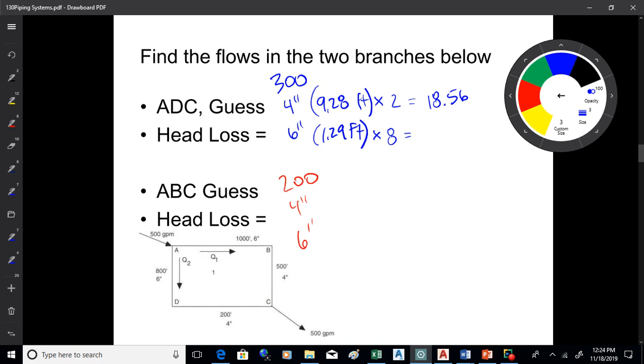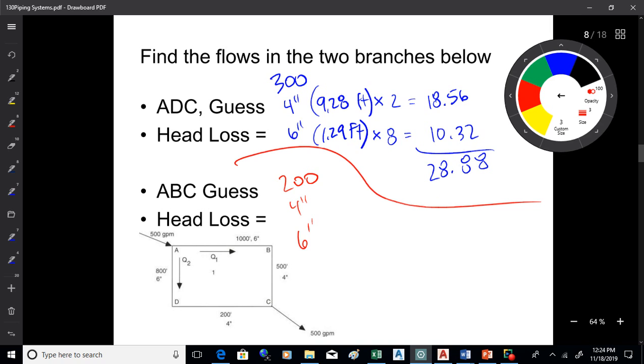We've got 1.3 times 8, which is 10.4, I think. But that might be right. Let's see. We'll add them up. 28.88. Yep. And then we'll do the other one.